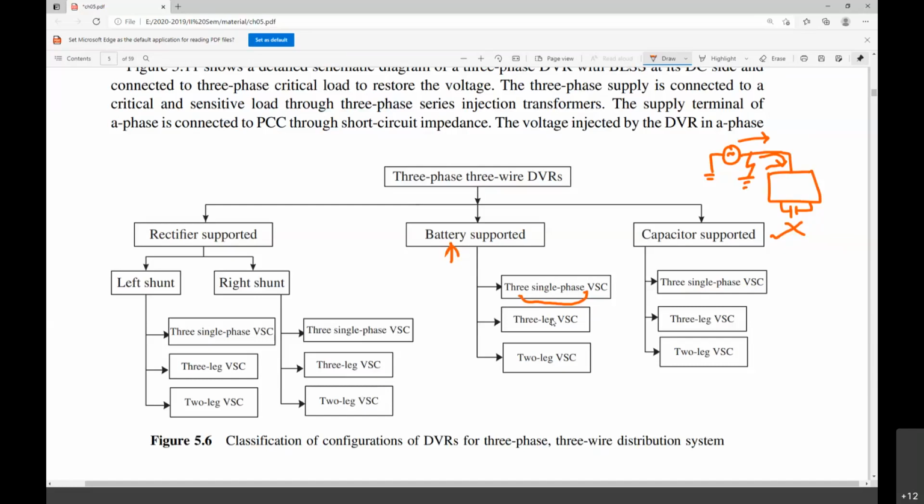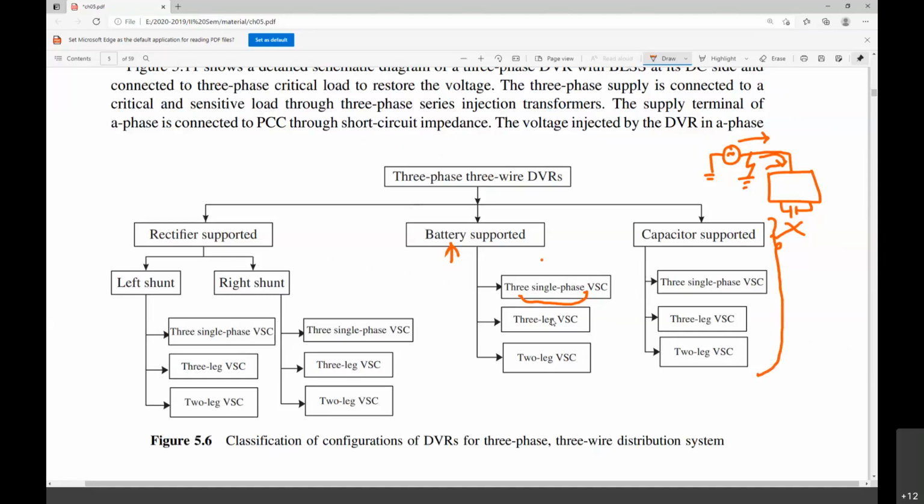This kind of capacitor supported is not suggestible to use for voltage sag improvement also. The battery supported and the rectifier supported are the correct ones. But people have used this kind of capacitor supported in the literature also. You can find in the literature that they generally use it.